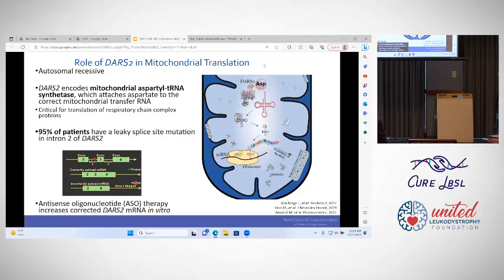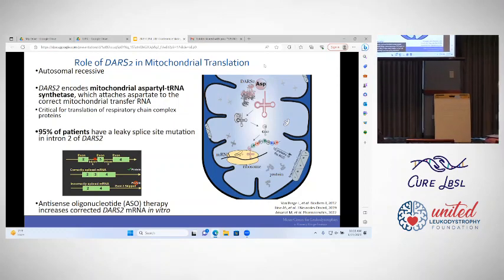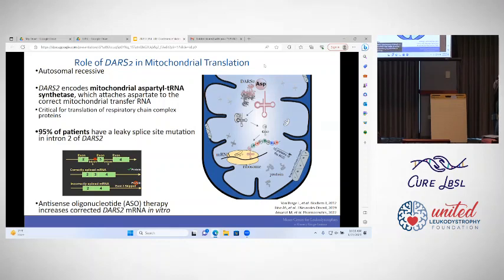Yes, go ahead. So it probably is a little bit of a technical question, but in the experience that we had looking at the transcript for the intronic mutation, we found, and you also showed, that there's a certain percentage of full length. So it's like a leaky mutation. So I was wondering if giving antioxidants, you could in some way change the situation and increase the full length just with the antioxidants.